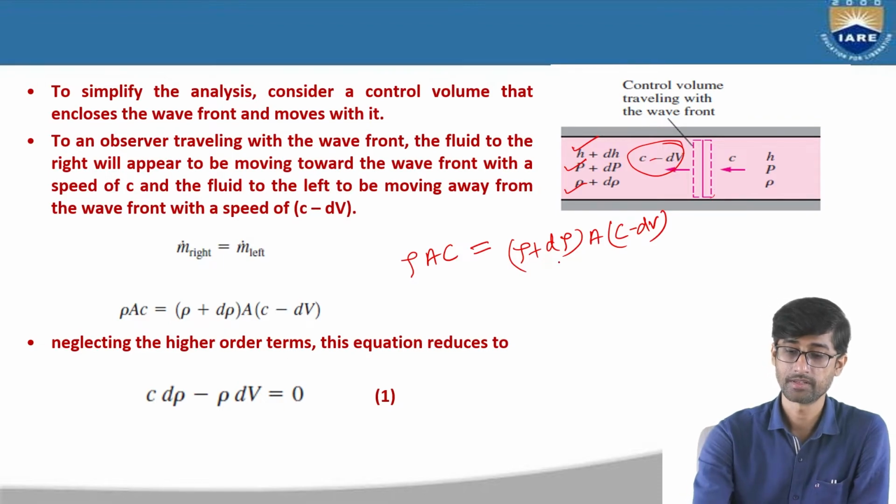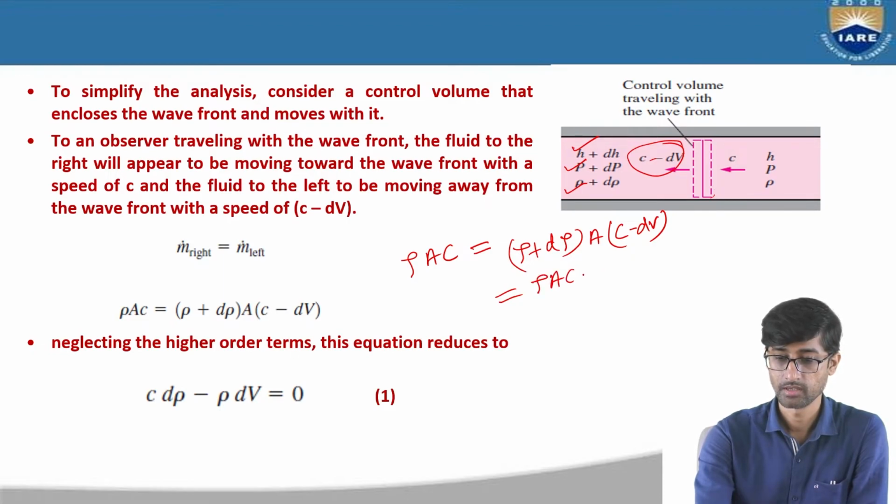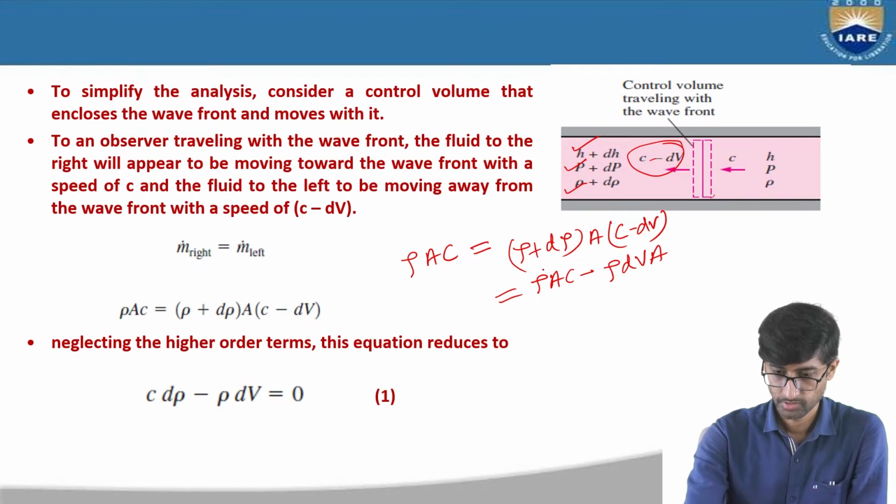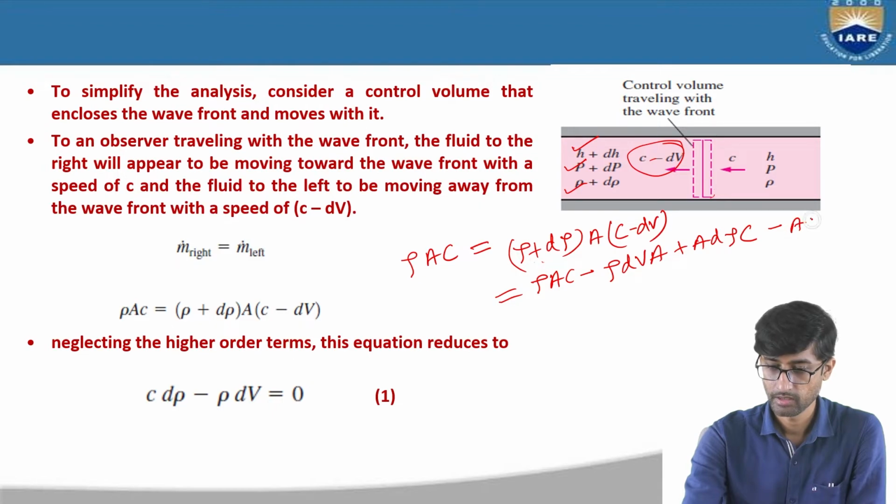If you multiply these out, higher order terms appear, which we neglect. This becomes rho A c minus rho A dv plus A c d rho, minus a higher order term A d rho dv.